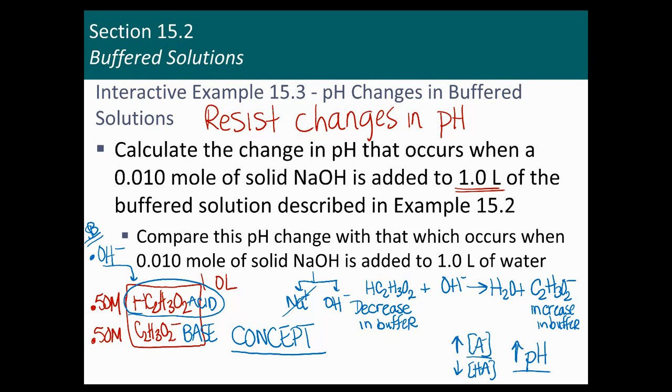But what that's going to do is decrease the amount of weak acid and increase the amount of conjugate base. So this ratio that's so important in the buffer system is going to increase, and the pH will rise, but it just won't be by a huge amount. And that's the part we're going to focus on.